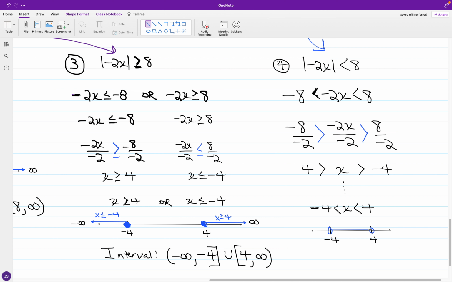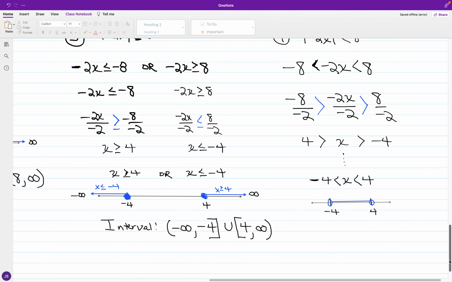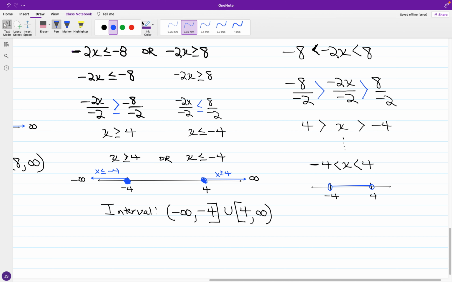Connecting the circles, you have a line segment. And so for the interval solution in this case, you have parentheses around -4 and 4.